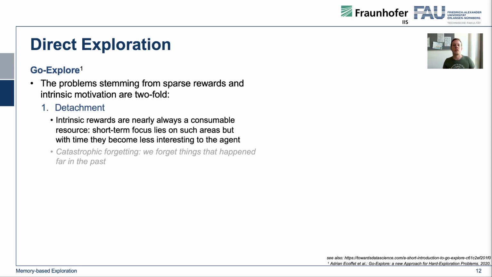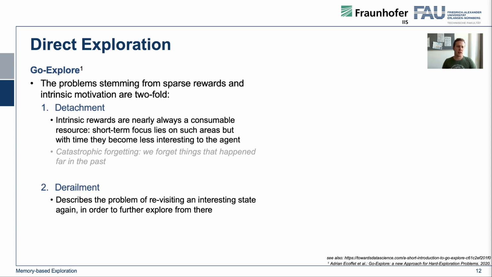While this is not in general a problem, just remember that as we're also using neural networks all the time, we have the problem of catastrophic forgetting, which means that we forget things that happened far in the past, and if we do not continuously see them in gradient descent updates on a neural network, we tend to lose information from those samples.